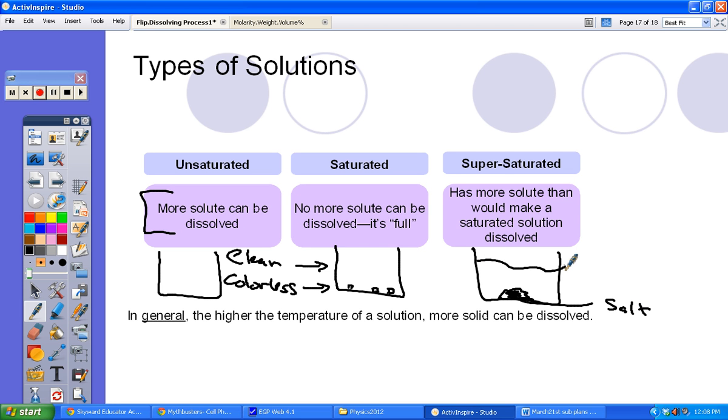The rest of the solution can be clear or sometimes cloudy, and it's usually colorless still, depending on what substance is being dissolved. Some substances obviously will have color to them, blue or green or something, but in the case of salt, for example, it's probably still colorless, but it might look clear and cloudy.